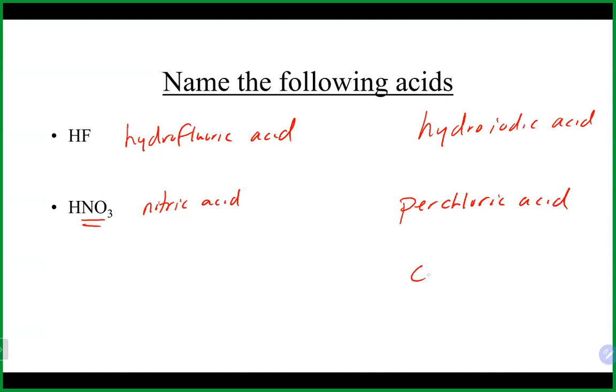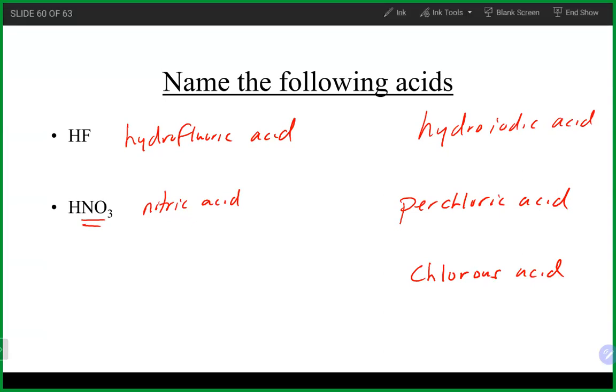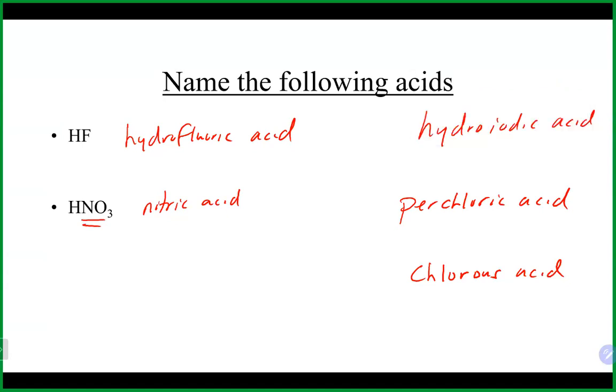And maybe we'll do chlorous acid. All right, so let's say we have these names and we wanted to go backwards and write the actual formula. The first thing that we should know is if it is an acid, pretty much the positive guy is going to be H plus. So we just need to kind of figure out the negative guy to put it together.